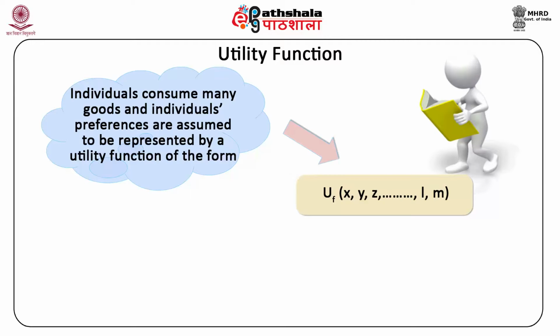For simplification, we stick to two commodities, X and Y.